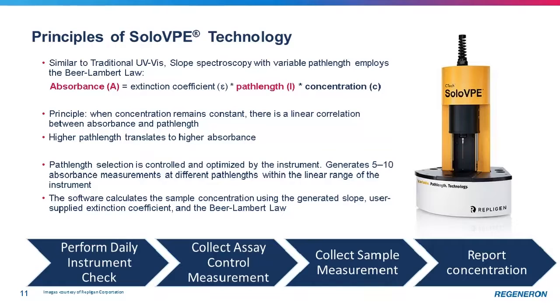In other words, we are not introducing any more external variability factors such as dilution variability from the analyst or the pipette. And finally, the software automatically generates and reports a sample concentration, removing the need for manual calculations and additional data review steps.